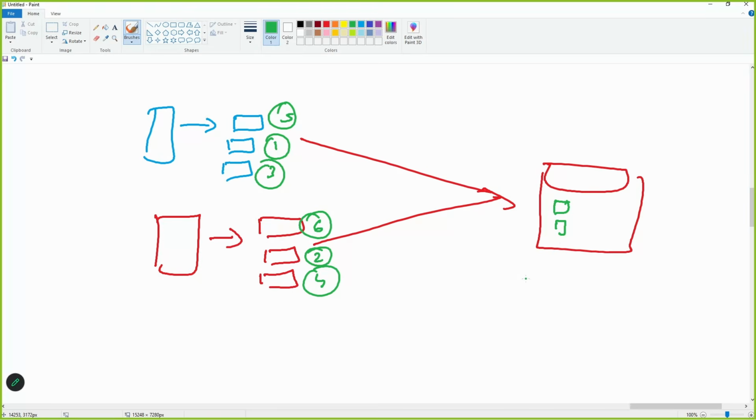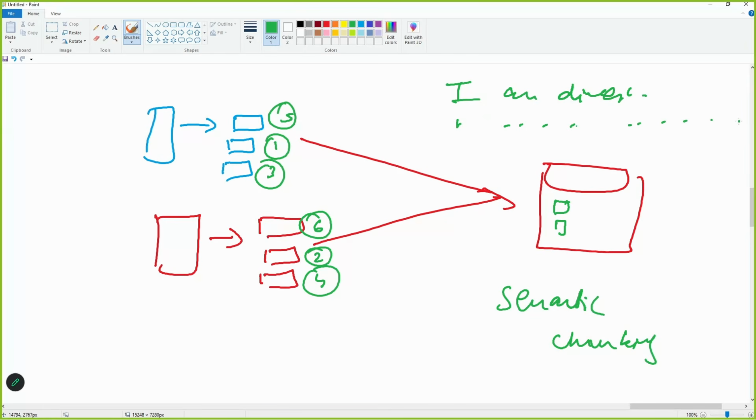We want to keep the similar chunks together, and this process is called as semantic chunking. Okay, also when this is the sentence, I am Divesh, and second sentence is, I am a mentor at XYZ organization. All right, so semantic chunking means this chunking will be dynamic.